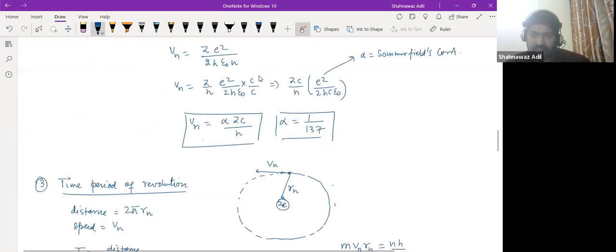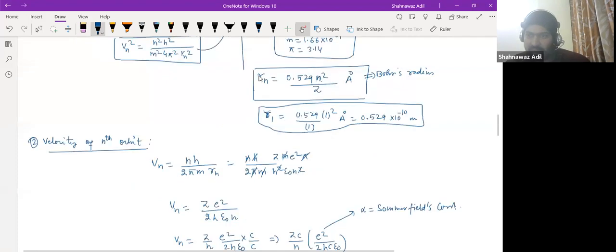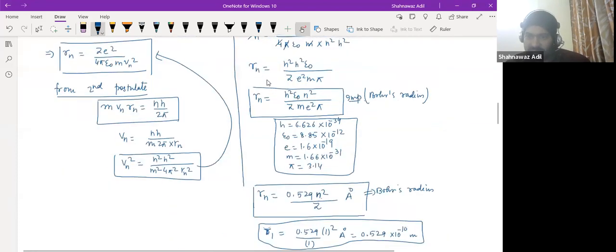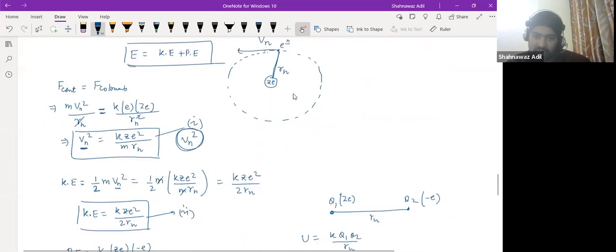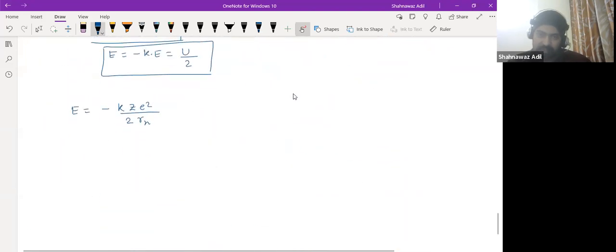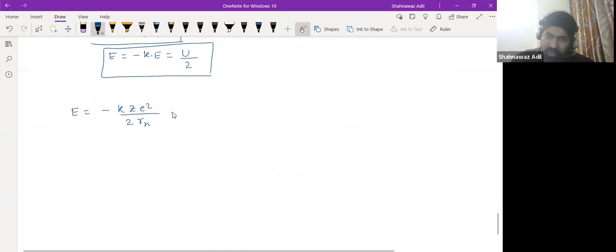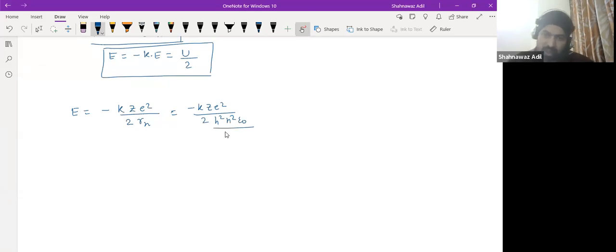Rn is h square epsilon naught n square by pi Z m e square. So this is minus kZe square by 2 h square n square epsilon naught by, oh, what is the other thing?